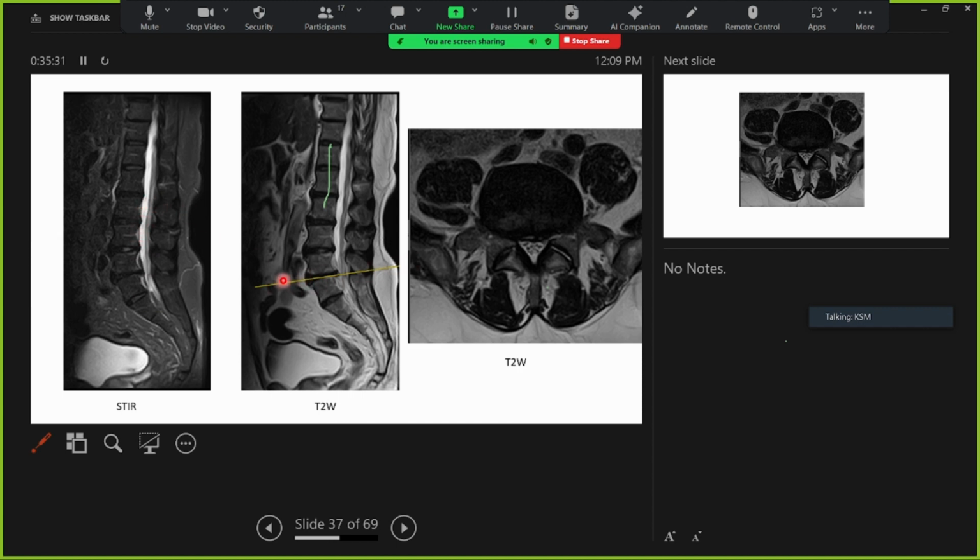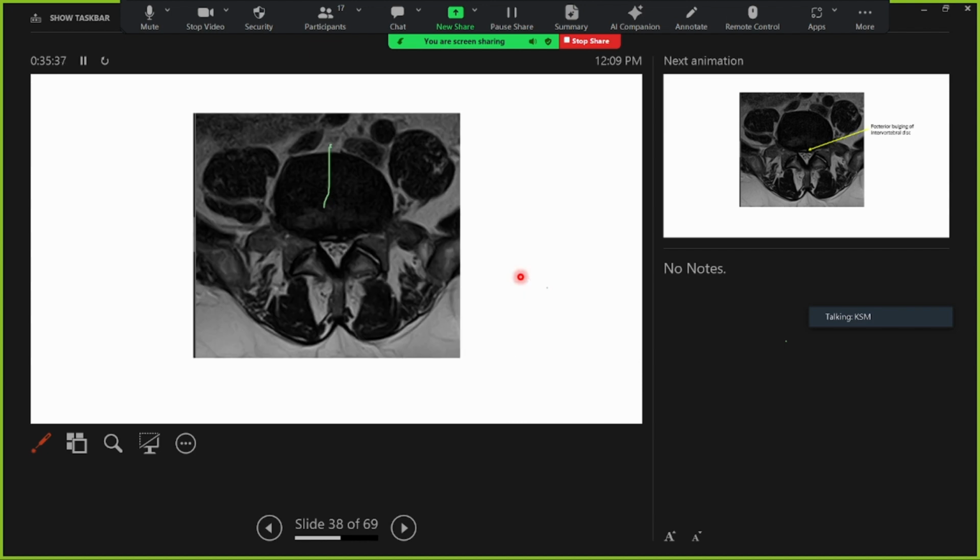If you take the axial section from one of these levels, that is what you will see. So this is the bulging disc causing compression of the thecal sac. But nerve roots are not much compressed, there is an impingement. And here this is the narrowing of the lateral recesses, where the nerve root can get compressed or impinged.